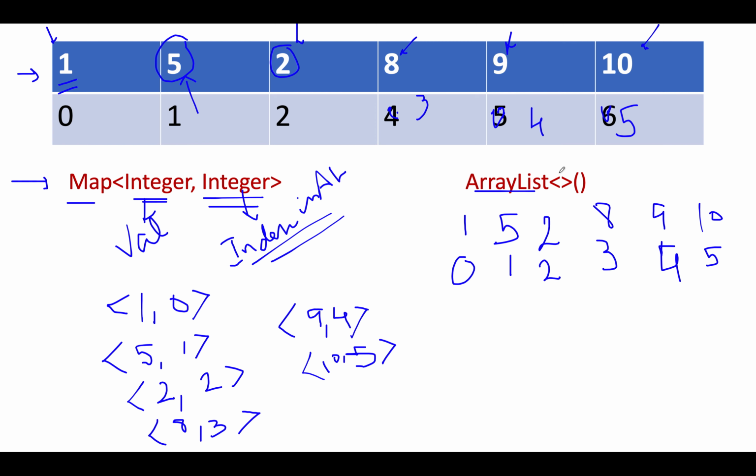Now let's talk about both the cases, deletion and randomization. So let's talk about randomization first, because deletion is slightly complicated. When you want to generate a random number, how will you do it? You will simply check the size of the array list. The size of the array list is 6.